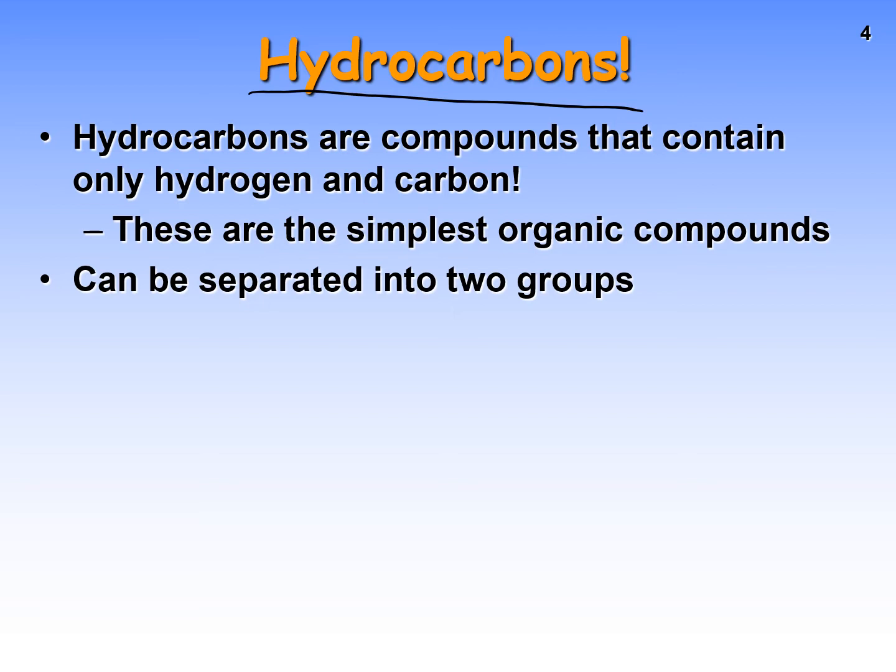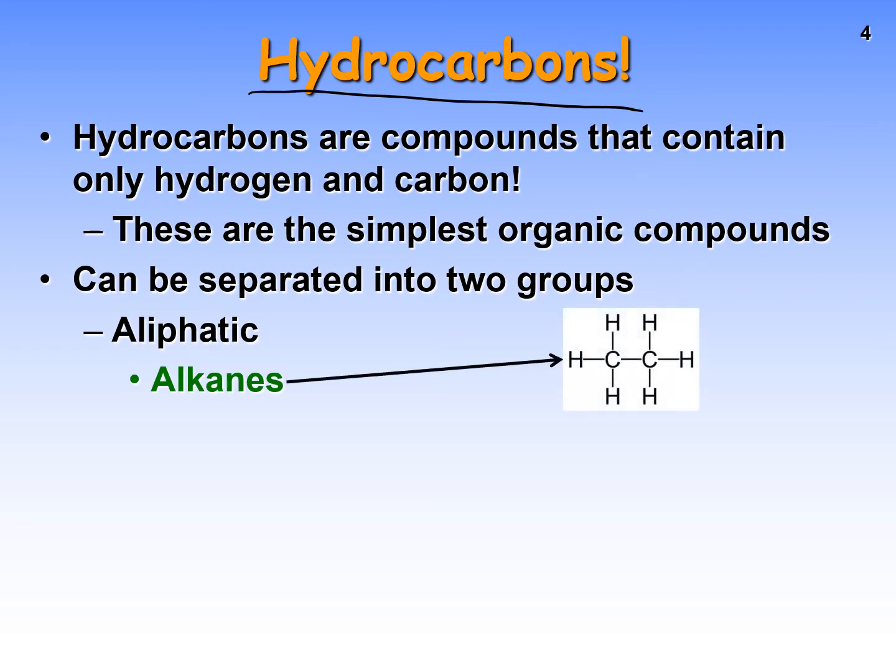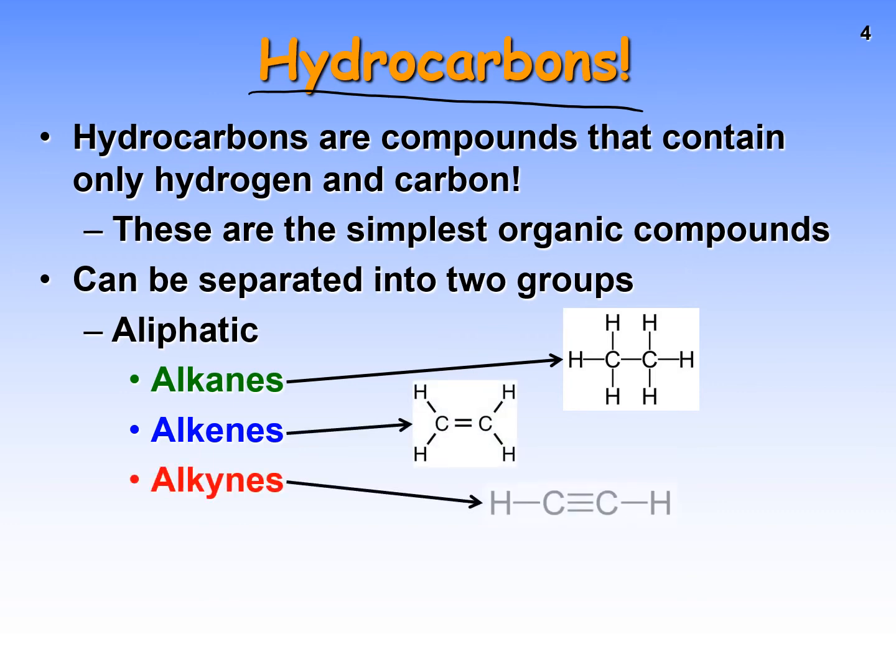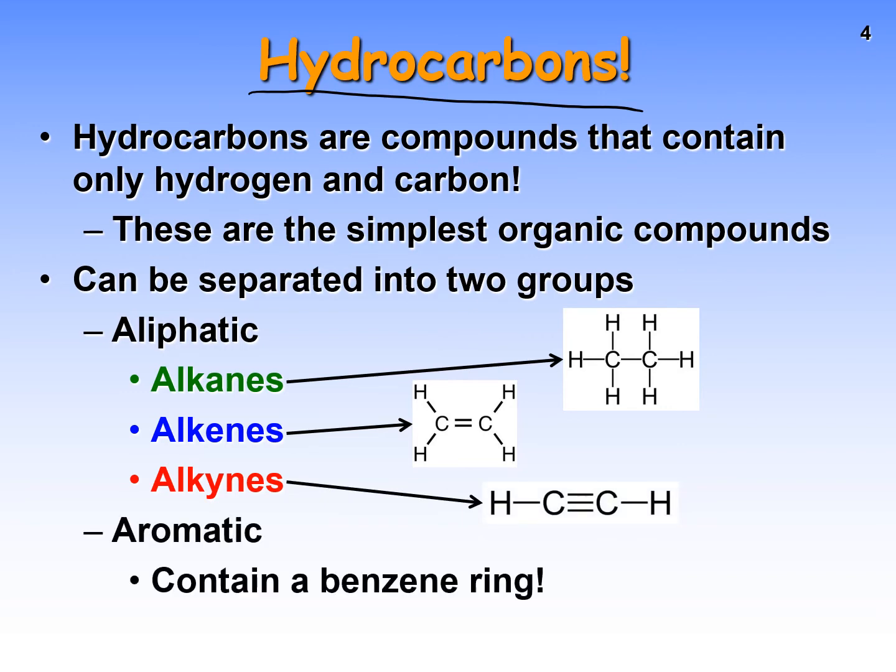So they can be broken up into 2 different types of substances, and that's the aliphatic: the alkanes, alkenes, which look like this, alkynes, which look like this, and the aromatic, which contain at least a benzene ring.